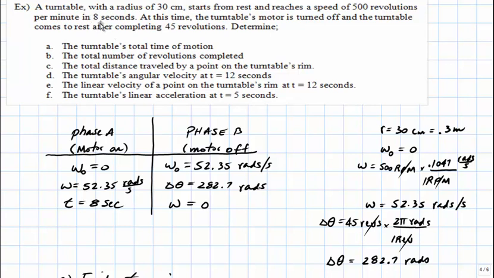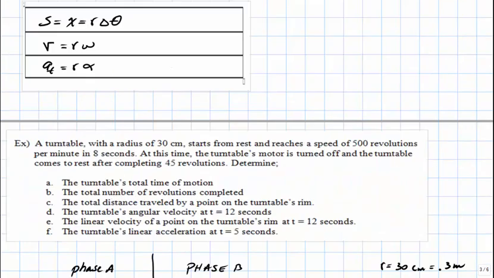Because we're spending 8 seconds, here it is again, within phase A. Therefore, at t equals 5, the turntable is within phase A. Let's also note that we're going to rely on this equation, a tangential equals r times alpha, in order to acquire the value for a tangential. The only problem is we have not calculated the angular acceleration within phase A. And so that needs to be done first.